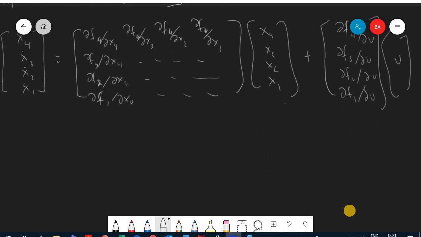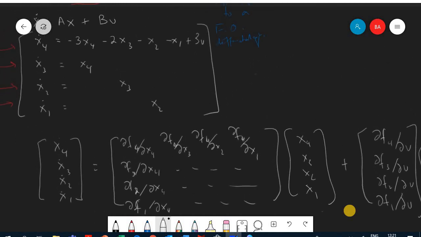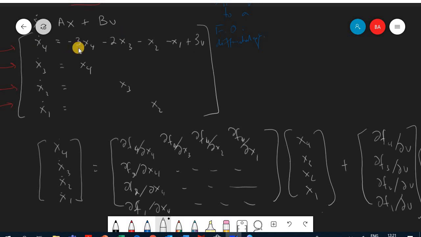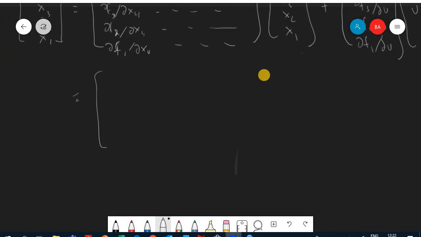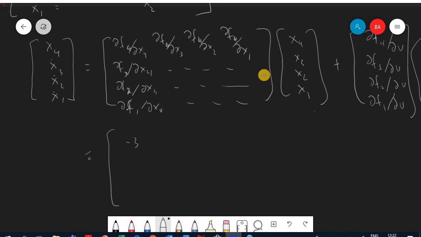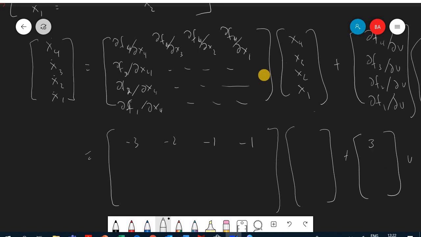Now if I want to substitute, things are going to be easy, because for df4 by dx4 for the first function, I have -3. df4 by dx4 is -3, df4 by dx3 is -2, df4 by dx2 is -1, and so on. So I'm going to put the numbers -3, -2, -1, -1, -2, -1, -1, and that is multiplied by this term here, plus I think it is 3 in the first one, multiplied by u.